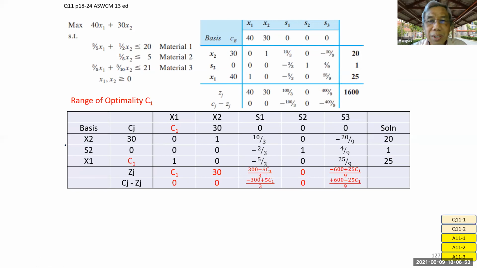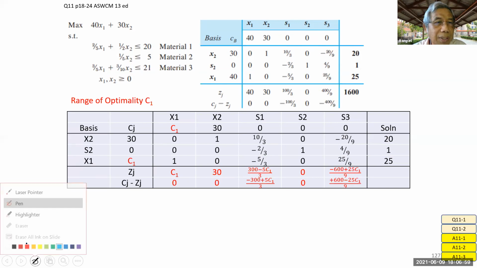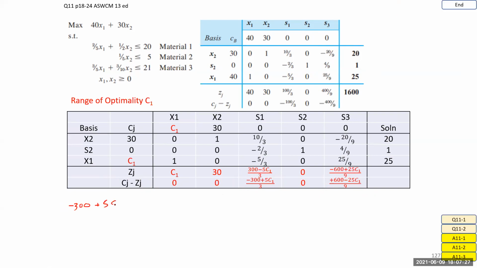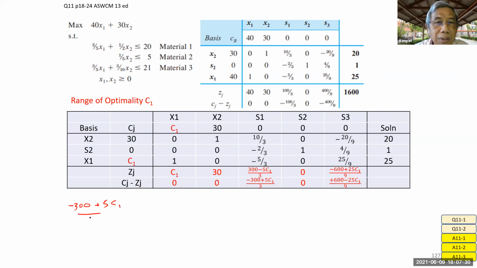So now we want to know the range of optimality. Let me put the red pen again. Look at Cj minus Zj, we are interested in C1. So we have 2 here. Let's take one of them: negative 300 plus 5C1 over 3. To be optimal, what's the condition?